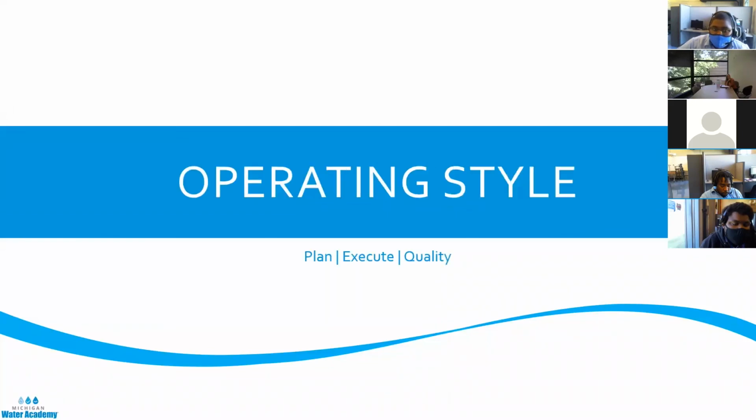We want to cover operating style. And this, for those of you with the book, is really on page 57. Let me see if this is going to work here. All right, so when you get your books, if you don't have them already, I'm actually going to stop sharing screen because it's not helpful.